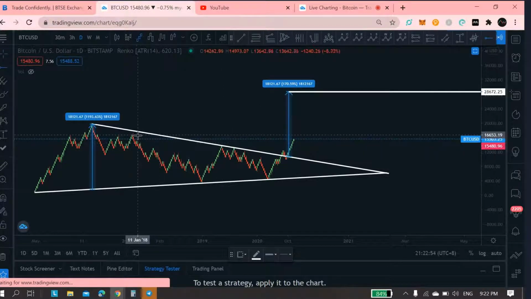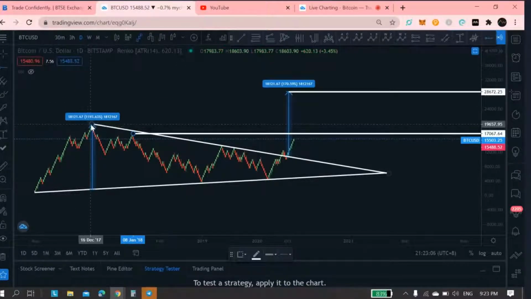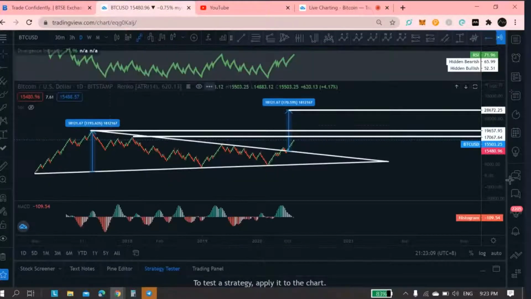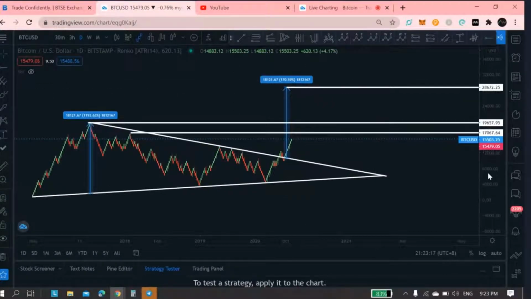However, before it moves to that target, I'm expecting it to, of course, retest the 17,000 area and the all-time high of close to 20,000 area. So after breakout, I'm expecting it to create a new all-time high at around 28,600 using this triangle pattern.